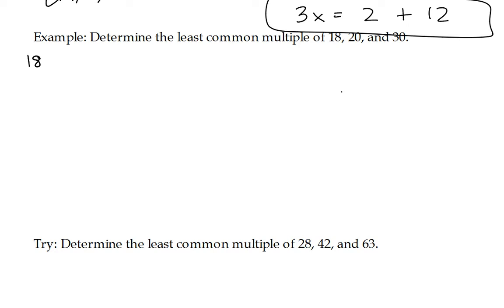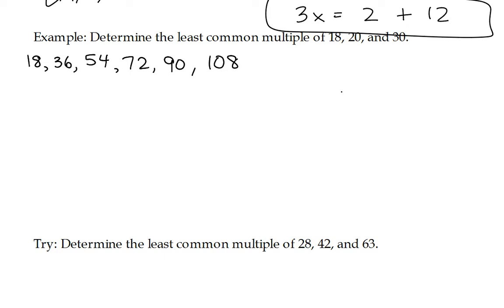You can be like 18, 36, and you could generate this list just using my calculator, just repeatedly adding 18, 54, 72, 90, 108. But how do you know when to stop?